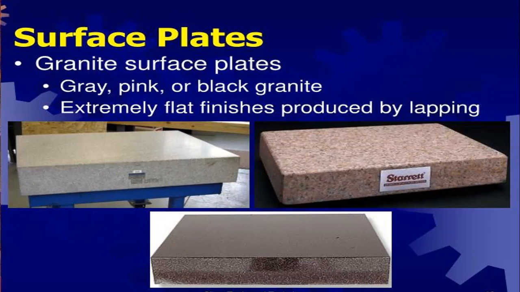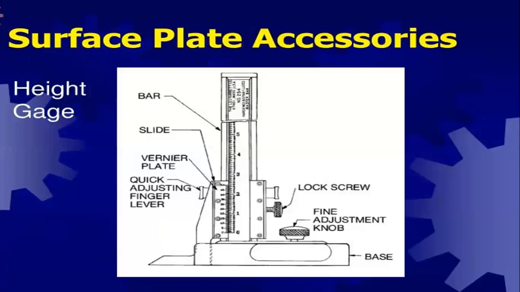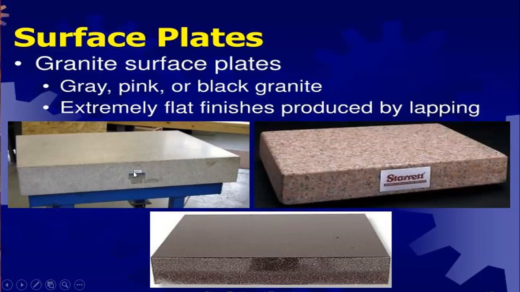You can see it in the picture: the first one is gray granite, the second one is pink granite, and the third one is black. These surface plates have extremely high surface finish and flatness due to this finishing.